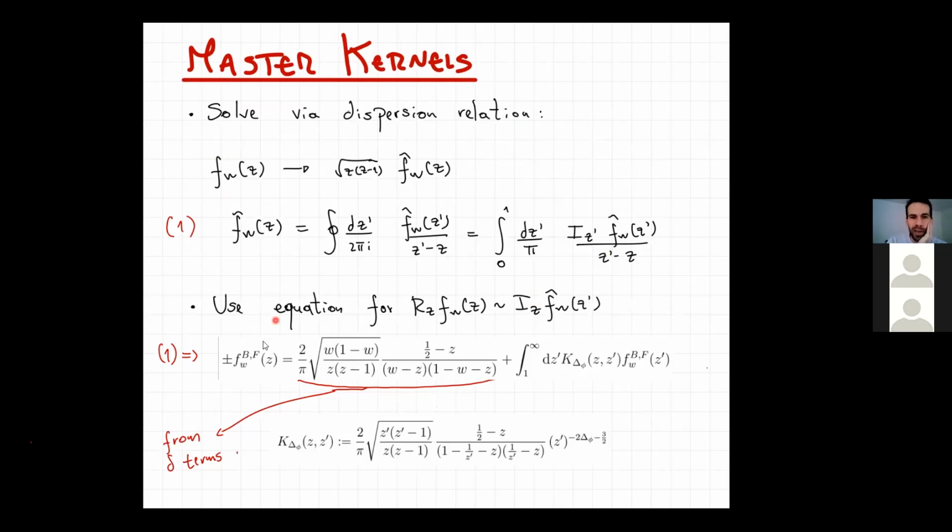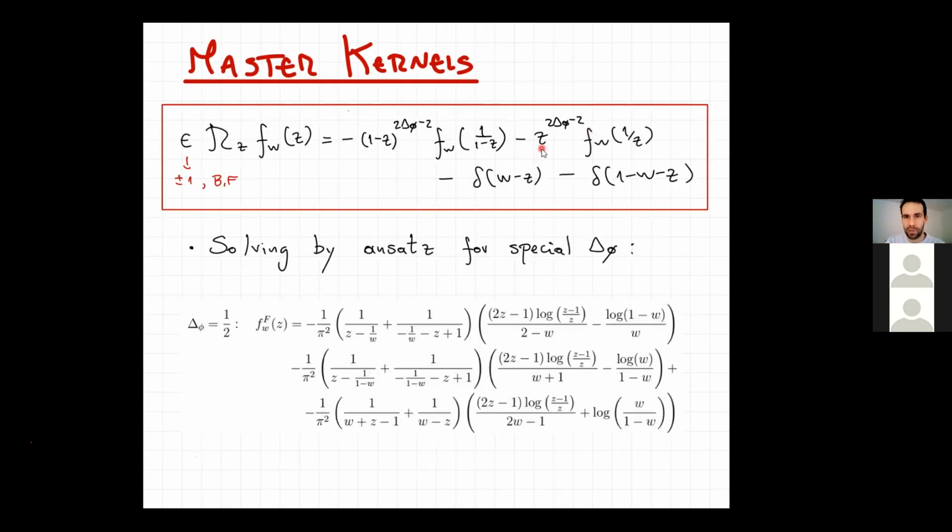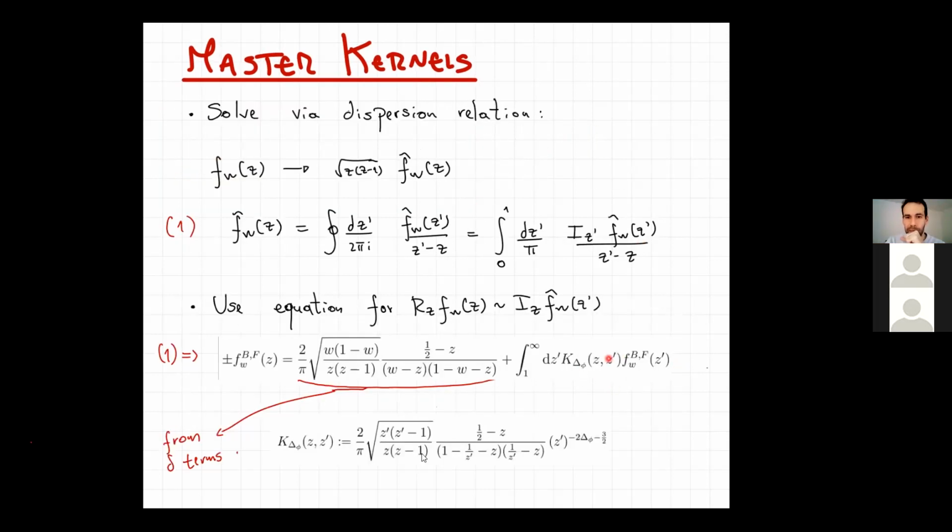So if you work it out, then you get a kind of dispersion relation for f that looks like this. It tells you that f is equal to this term. This term just comes from the delta functions. And then there's an integral of these two terms, and there's some kernel which is given by this.